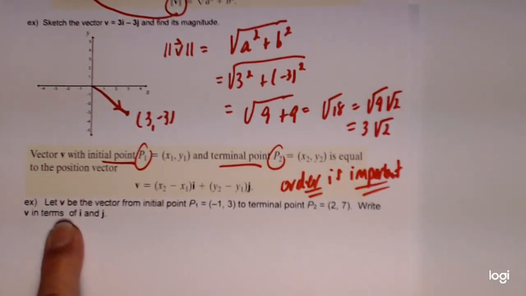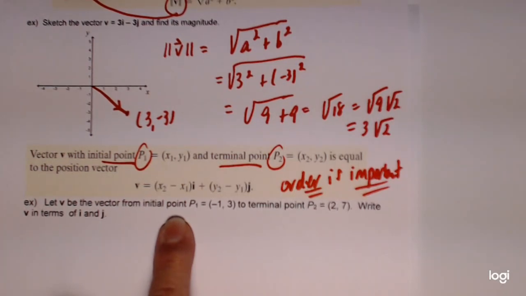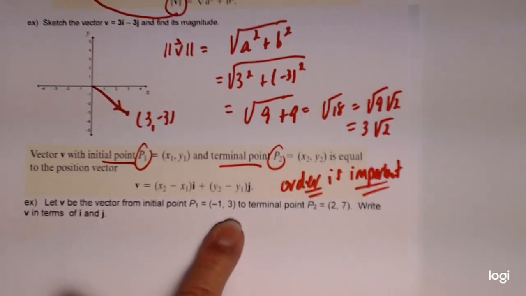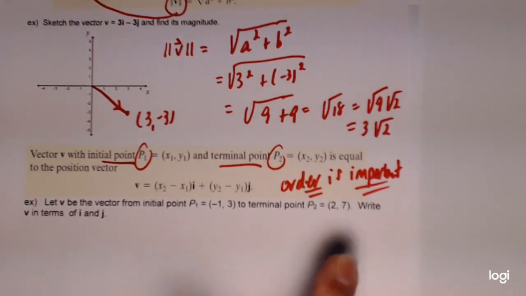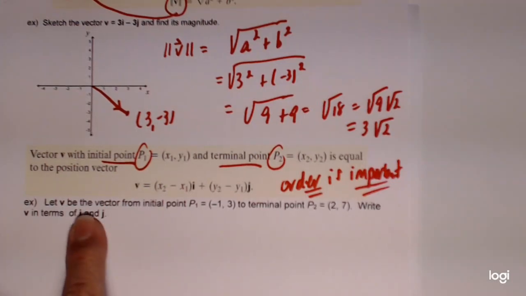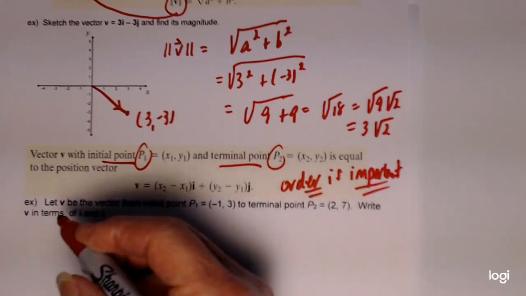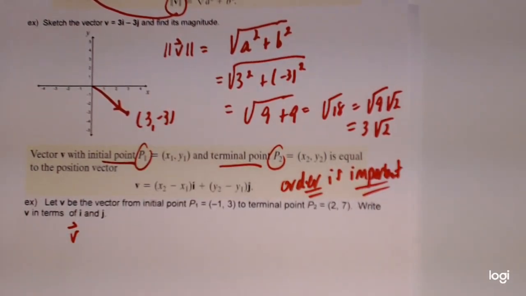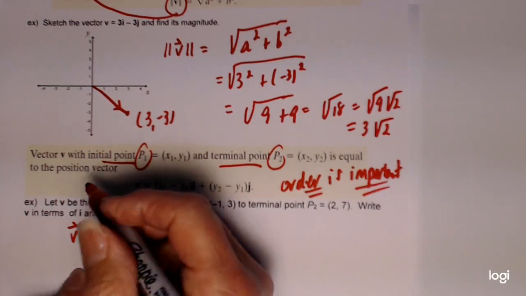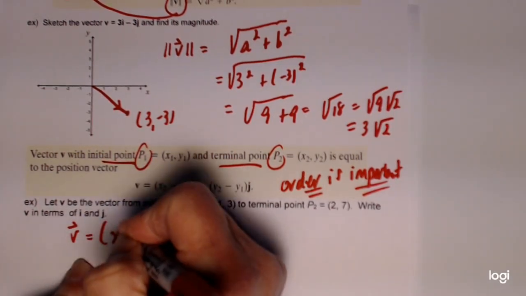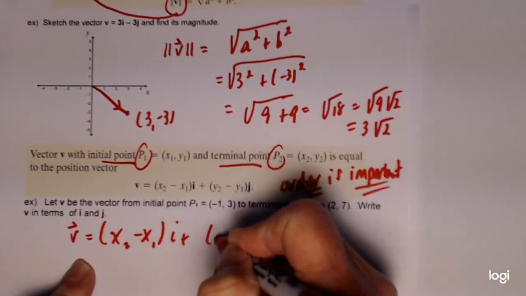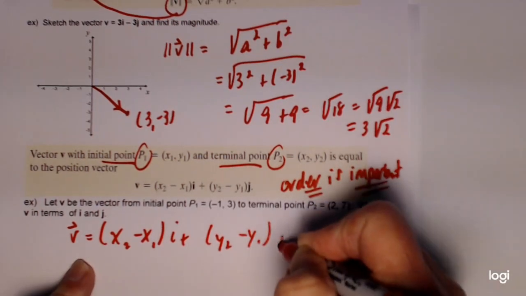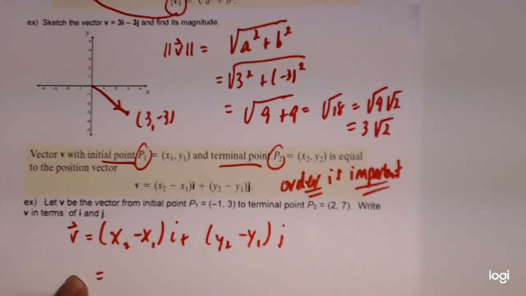Example, we are given the initial point for some vector, which is -1, 3, and we're told the terminal point is 2, 7. And our mission here is to come up with what this vector V looks like in terms of I and J. So vector V, and as I said last video, I can't write in boldface, so vector V is going to be x2 minus x1 I plus y2 minus y1 J. So there's the general formula.